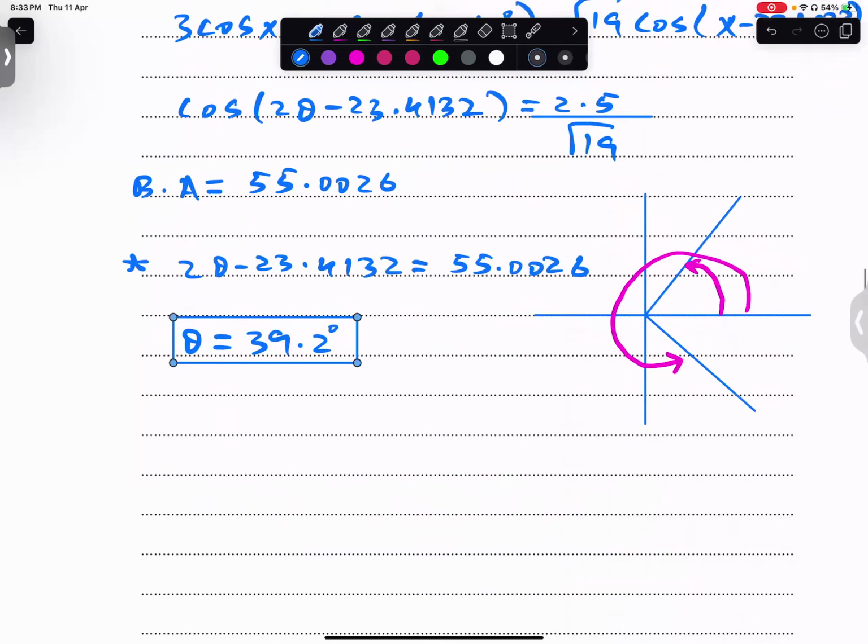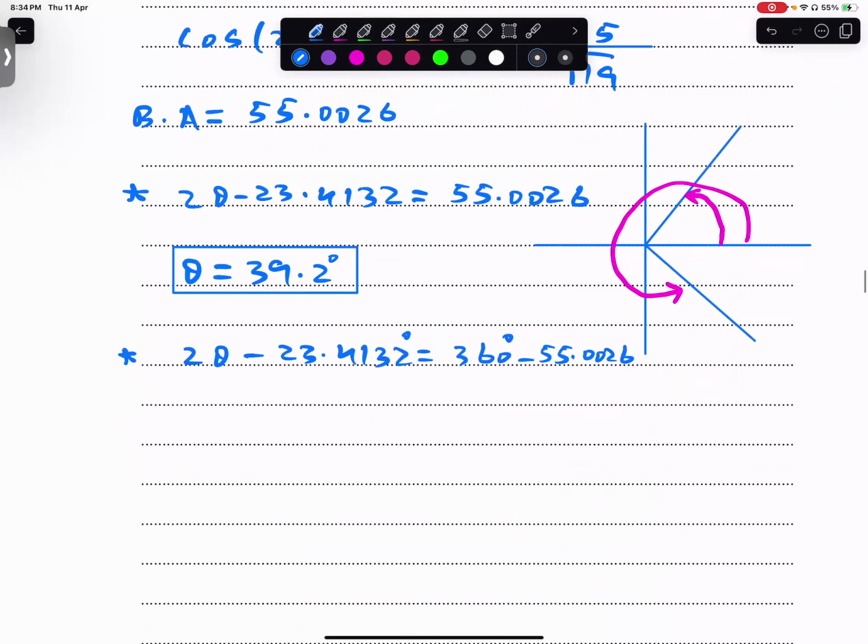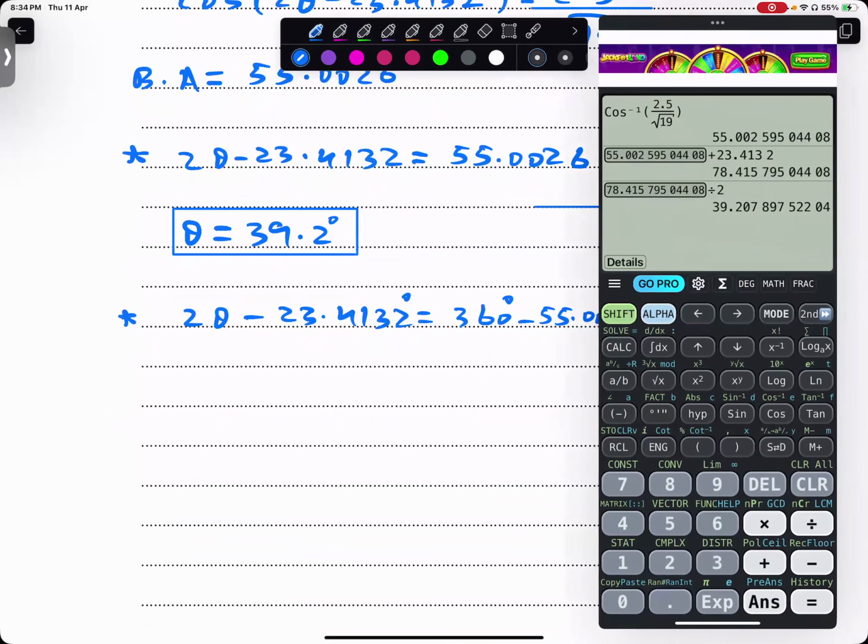So let's check the next answer. 2 theta minus 23.4132 degrees is equal to, the next answer is 360 minus the basic angle, which was 55.0026. So let's get theta from this equation.